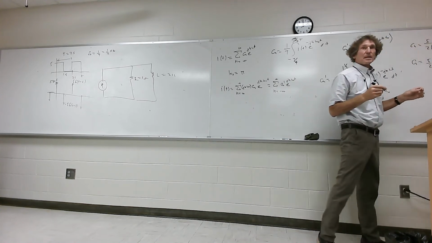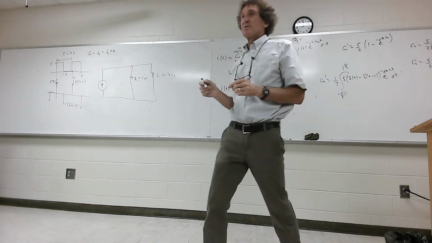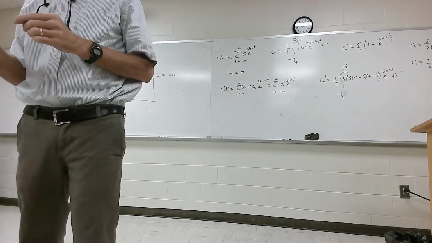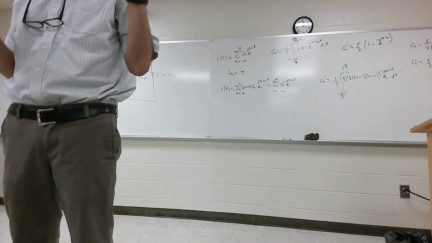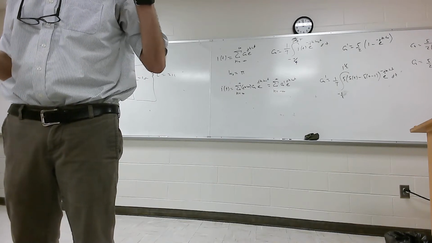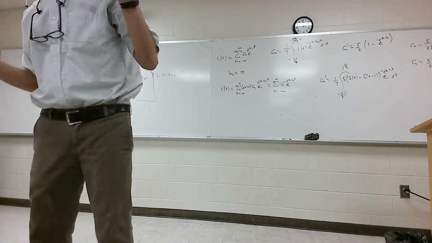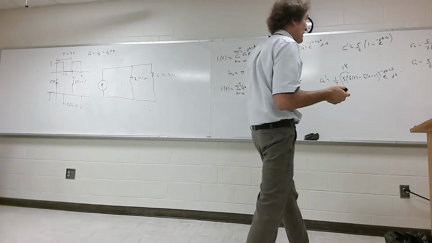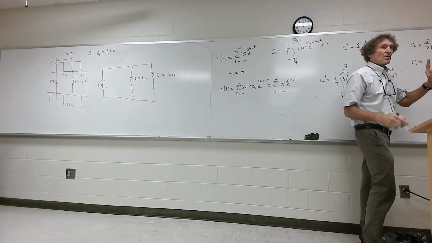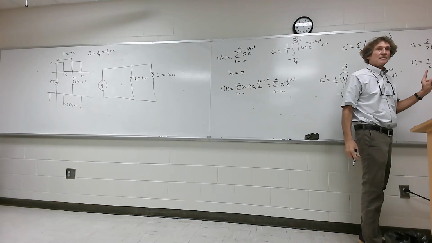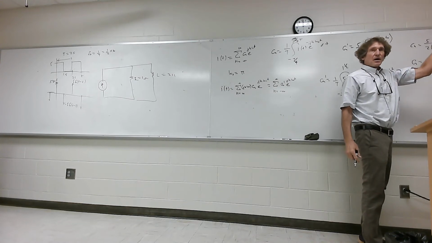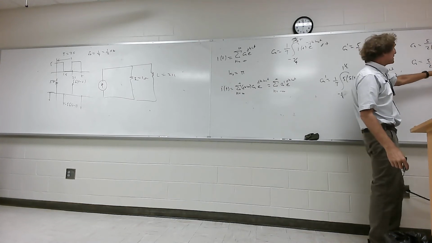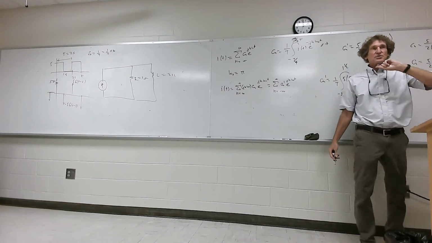Y'all agree with me? Now I can do something if I want to. I could turn that into a sine function, I could easily turn it into a sinc function, but I'm not going to worry about it. The reason is I can see there are obvious zeros, and there are obvious values they're going to have. This is the point I made last time. How many remember that? When n is odd, what happens? What is e to the minus j pi?